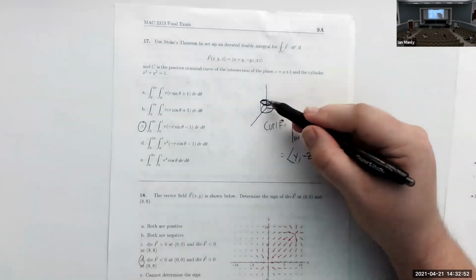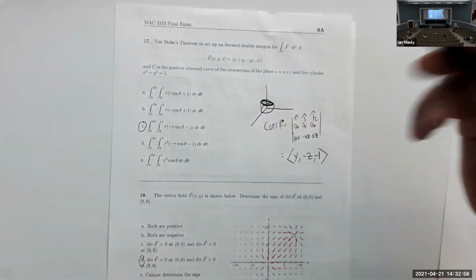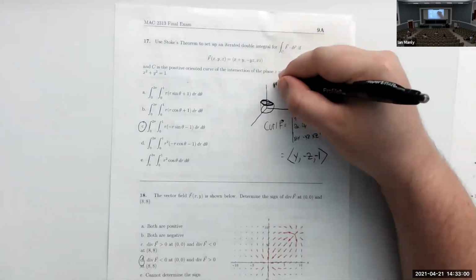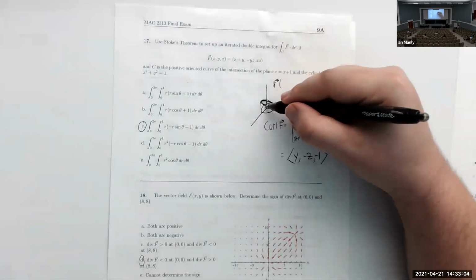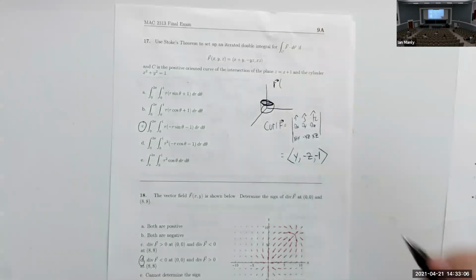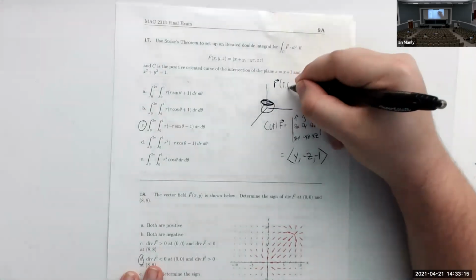Now we're trying to do this integral over this surface right here. So we should probably try to parameterize this surface. I'm going to parameterize this since this is kind of like a disk. Whenever I have some kind of disk-like thing, a good choice of parameters for that would be r and theta. I'm going to try r and theta for that.